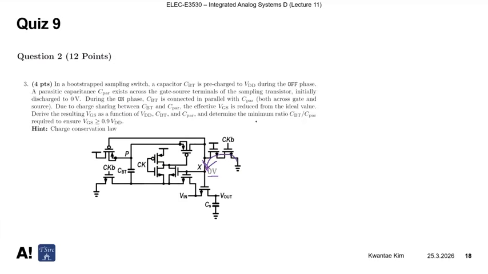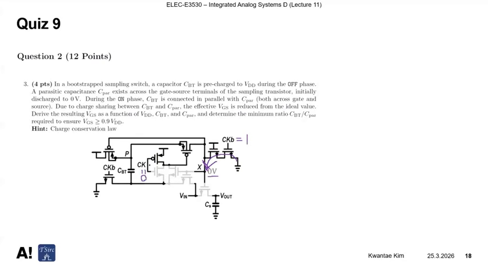And if the X node is 0 volt, then this transistor is turned off because those are all NMOS transistors. And to make sure the NMOS transistors are turned off, we have to make sure the clock is 0. That means this NMOS transistor is also off.